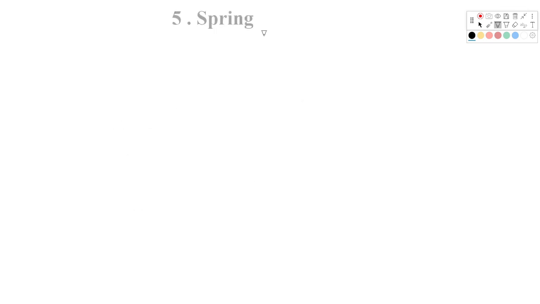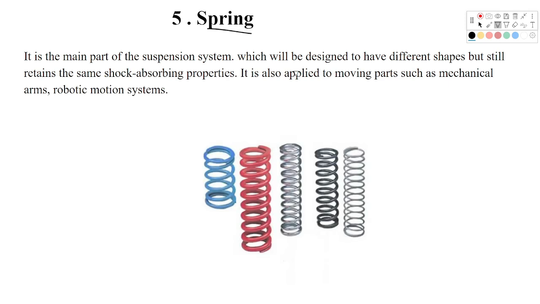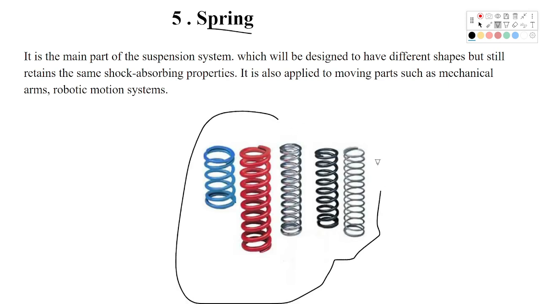Then the last one, we have a spring. This is a spring here. It is the main part of a suspension system, which can be designed in different shapes but still retain the same shock absorbing property.